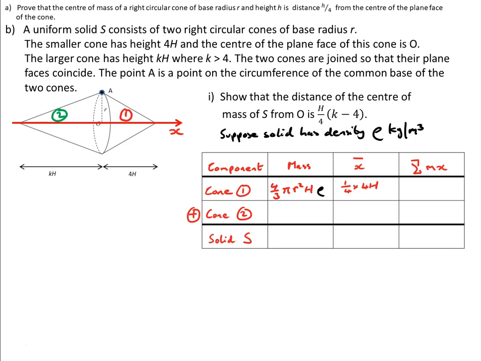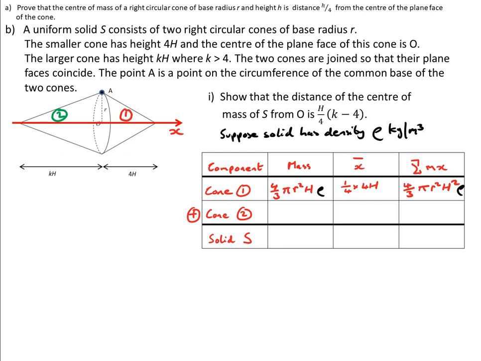In other words, it's going to be h. So the sum of the mx's for that first cone is going to be 4/3 pi r squared h times rho times h, which is going to give me 4/3 pi r squared h squared rho.